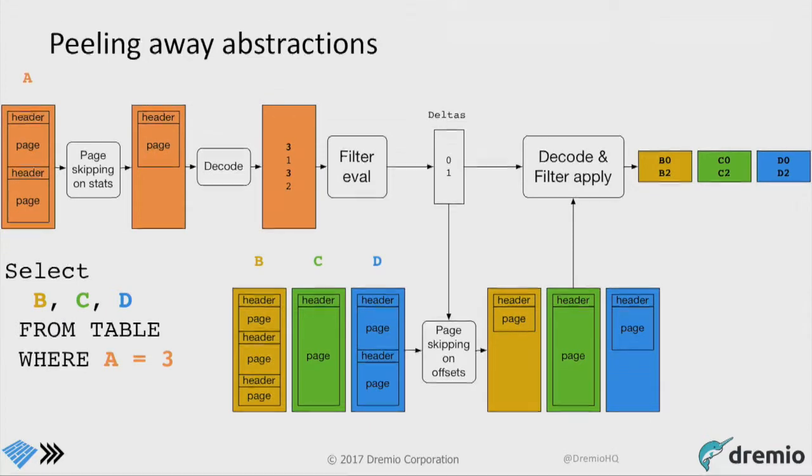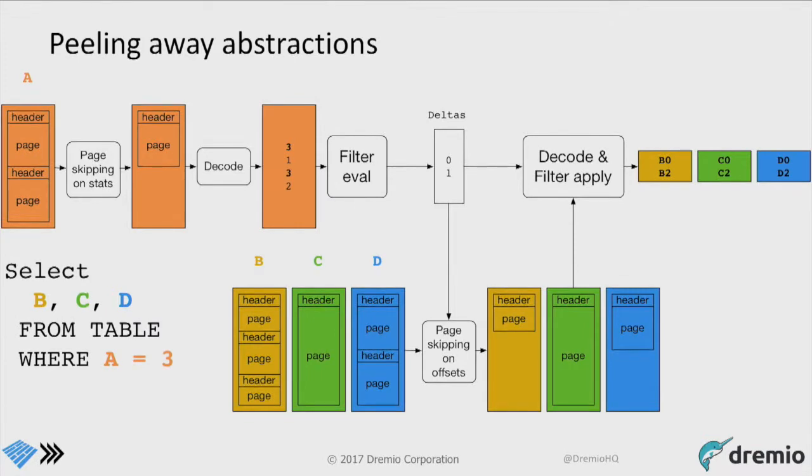And the advantage of that is you can take the other column and reapply those deltas to select the values that match, right? Because once we evaluated the filter on the first column, we can select the values that match in the other column. But again, because in each page we know how many values there are, if the delta skips all the values in the page, then we can skip the entire page altogether, right?